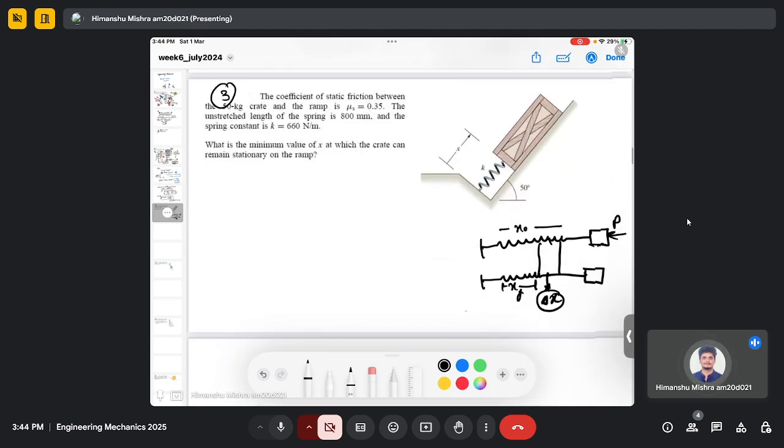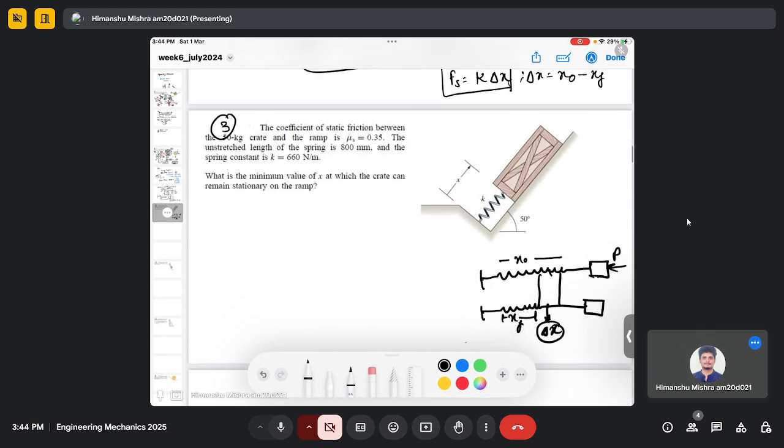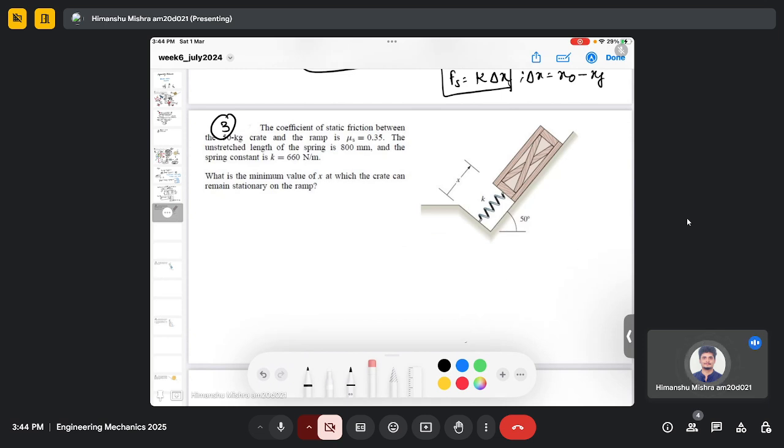So we, I think, solved one of the spring force problems in the equilibrium class, I think in week 2 or week 3. So this question we now solve with the friction force also. So there is a friction force, there is a spring force, and since there is an inclination and the mass of the crate is given, there will be a weight force. So all these three forces are balancing with each other, and we need to find this x here.